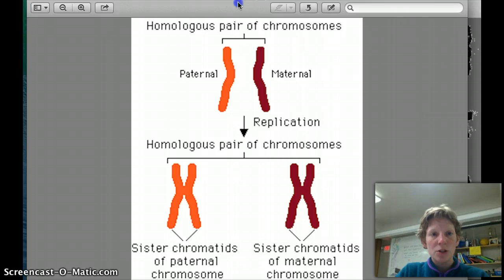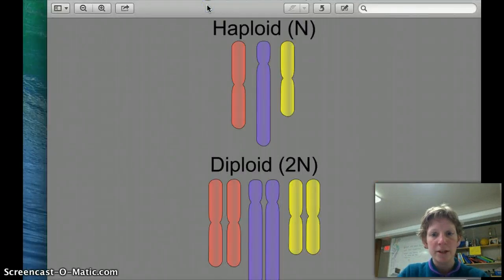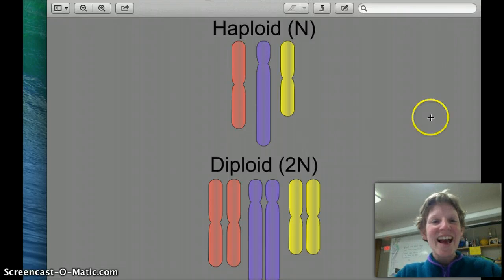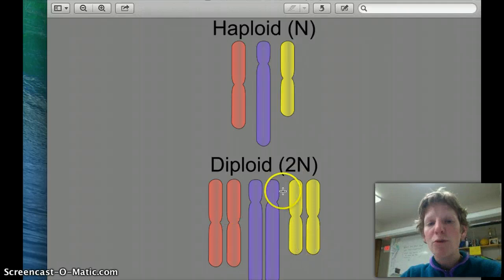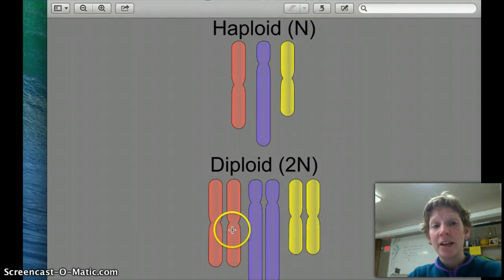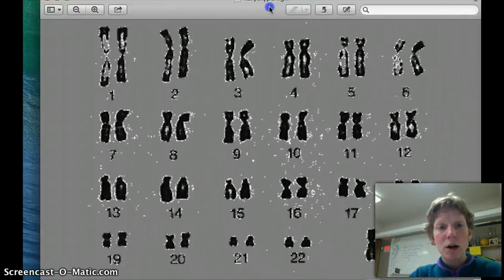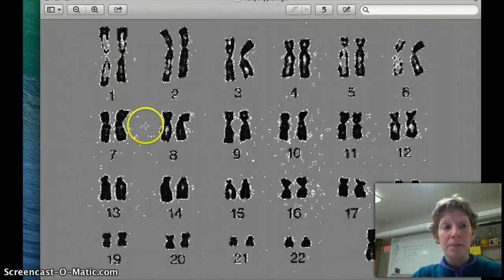All right, so moving on, two more terms that you need to know are haploid and diploid. Diploid refers to having one set from mom and one set from dad. So that refers to basically homologous pairs, or going back to our second picture, each pair is diploid.